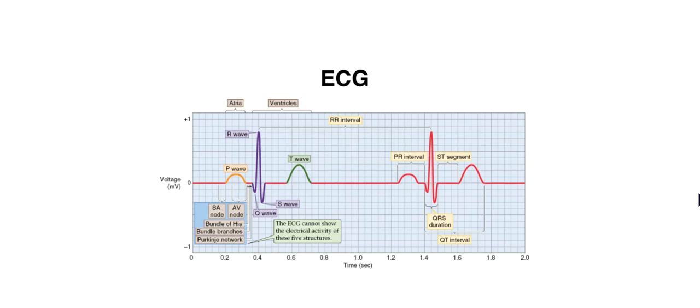It's a little difficult to see, but in this blue square, it walks you through specifically what is happening in these tiny little regions in between the P and the QRS. So the SA node fires, which starts the initial signal that spreads throughout the atria. It'll spread through the conduction pathway through the atria, but it will also spread to the muscle.